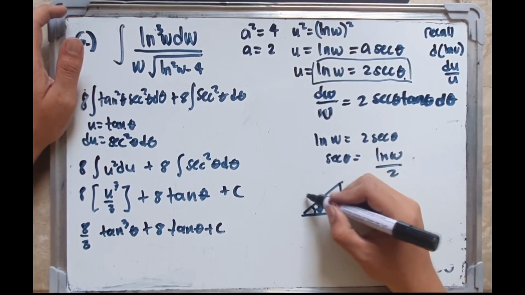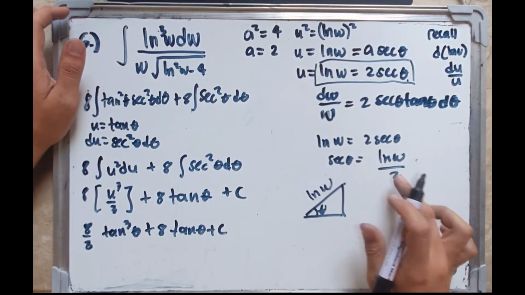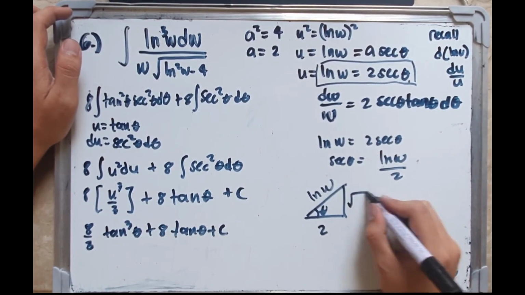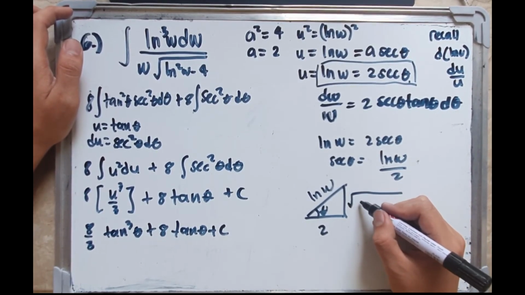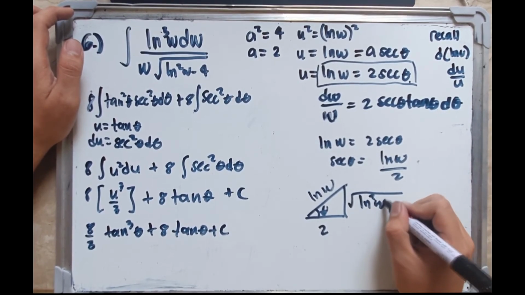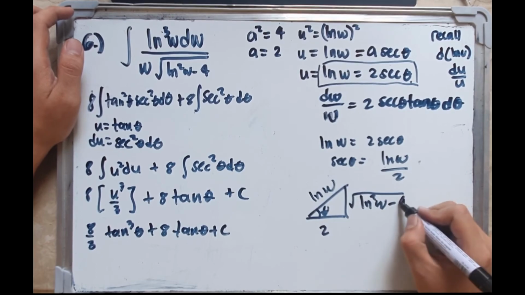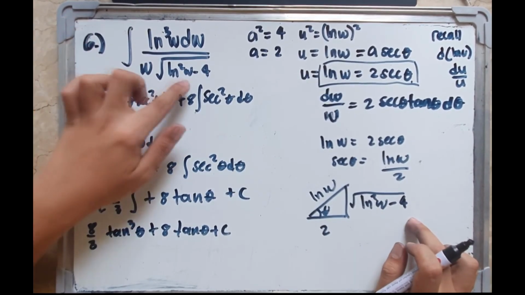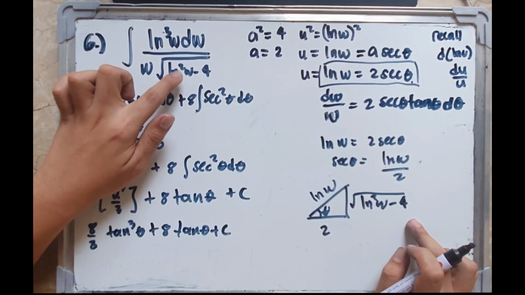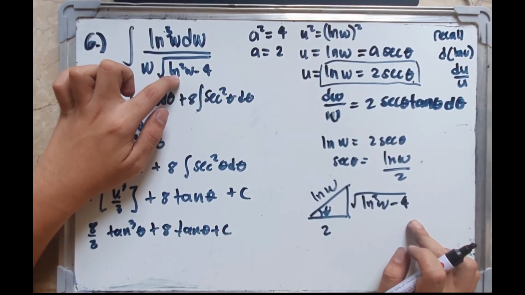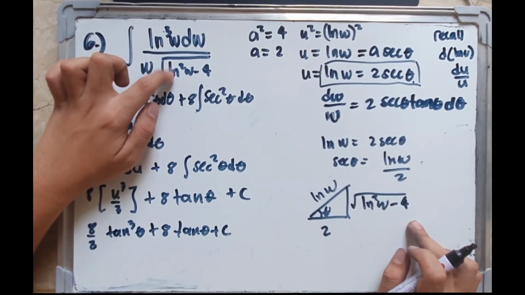This must be the hypotenuse, ln w, and this must be the adjacent, 2. Therefore, this part right here is the square root of the hypotenuse squared minus the adjacent squared, 4. Familiar? This is from our original function, the algebraic expression inside the radical symbol.